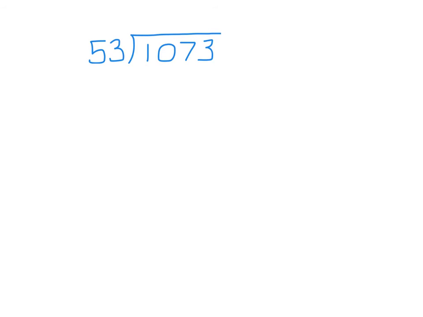1,073 divided by 53. My quotient is going to need to start here in the tens place because 53 doesn't go into 1 or 10, but it would go into 107. 53 goes into 107 2 times, so then I multiply and then subtract.